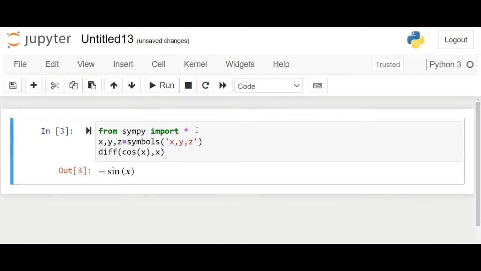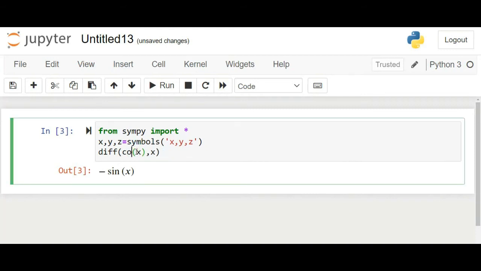Control and Enter, and you can see the answer, which is minus sin x. From sympy import symbols, x, y, z are the symbols.